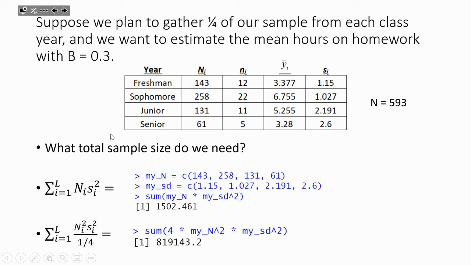Here are some values of some preliminary computations I did in R. So the sum of big N times s squared is 1502.461, and the sum of big N sub i squared times s squared over 1/4 is 819,142.